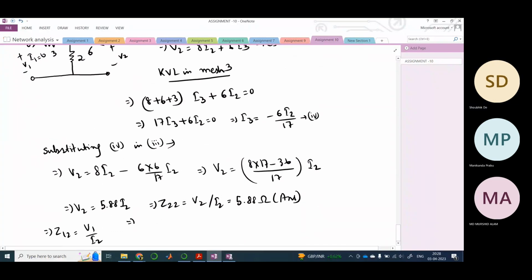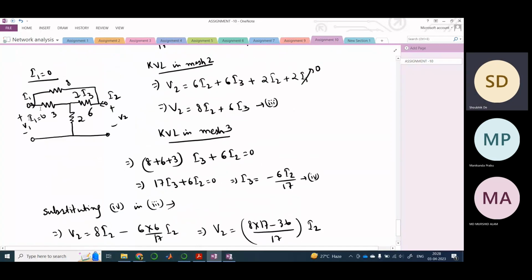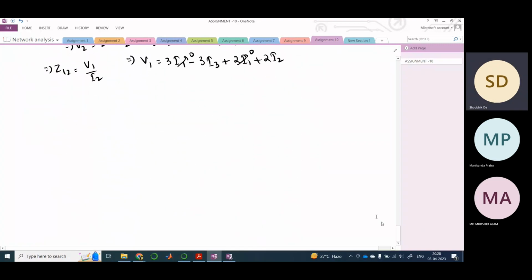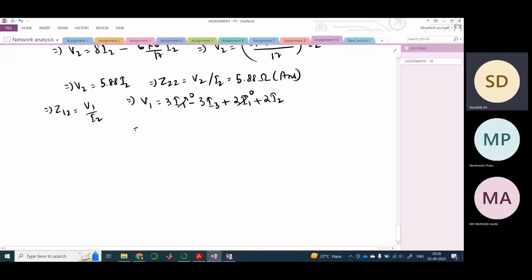V1 equals 3I1 plus 2I1 plus 2I2, right, so this is 0, this is 0. Therefore, this would be 2I2 minus 3I3.